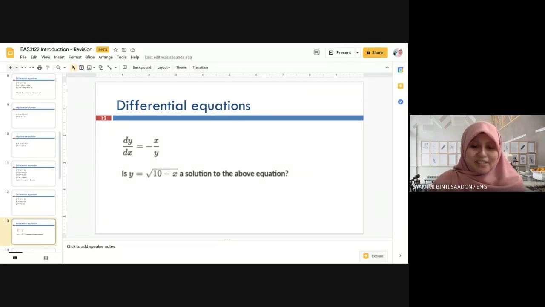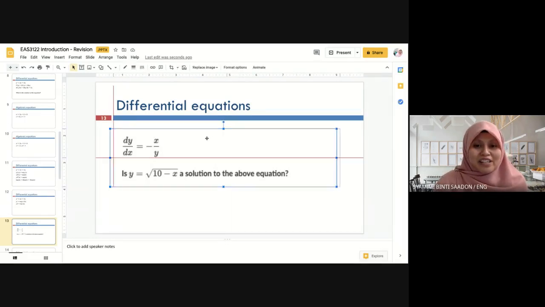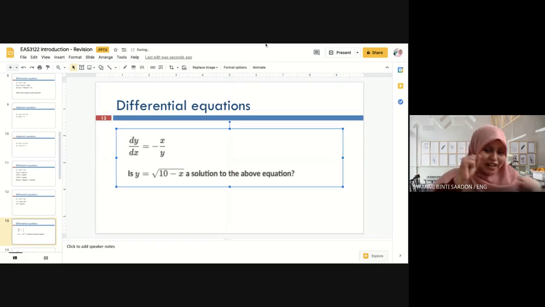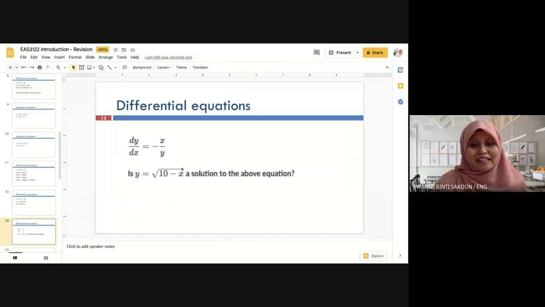Is y equals the square root of 10 minus x a solution to the above equation? Try to grab a pencil, pen, and A4 paper or any notes. Try to fill in this assumed solution y into the dy/dx equation.